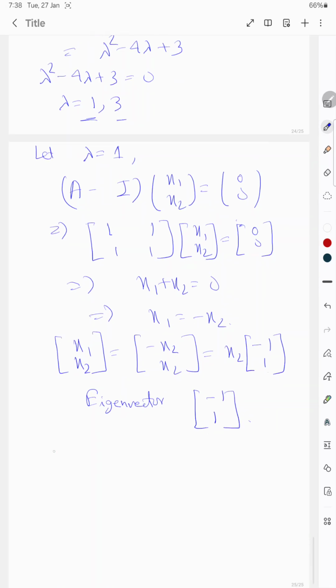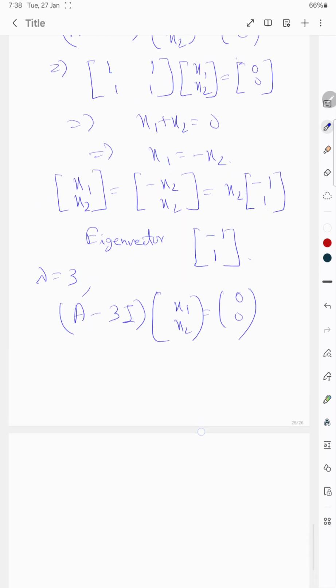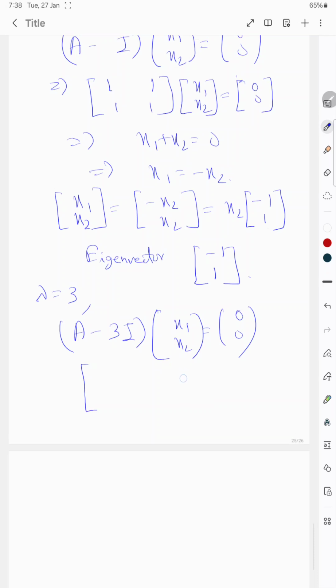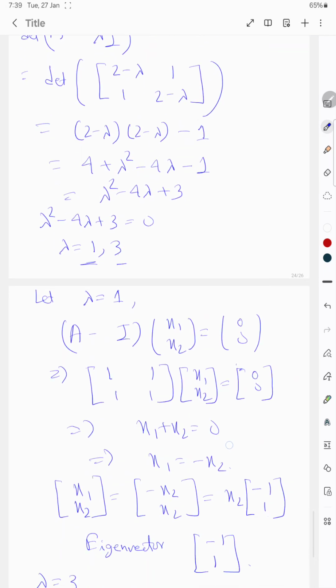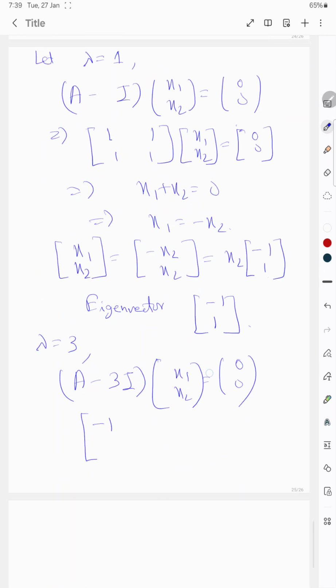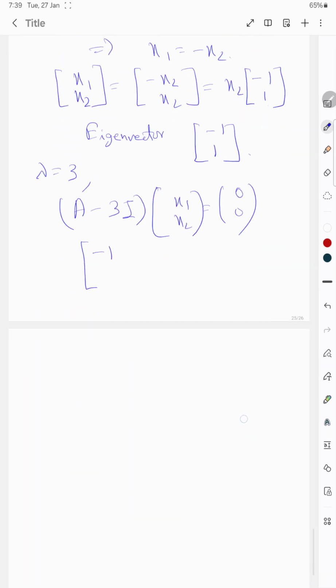This is the thing. Now for lambda equal to 3, you have A minus 3I into, here also you have some x1 x2. You can use y1 y2, it is your choice. So minus 1, oh, both are minus 1, right?